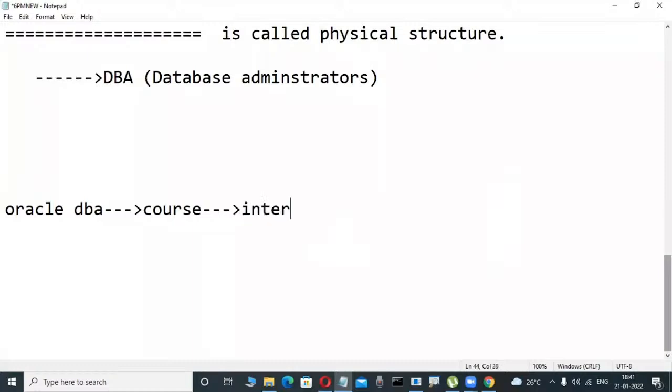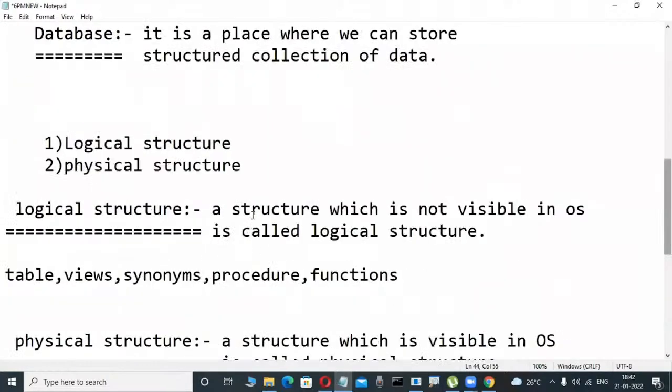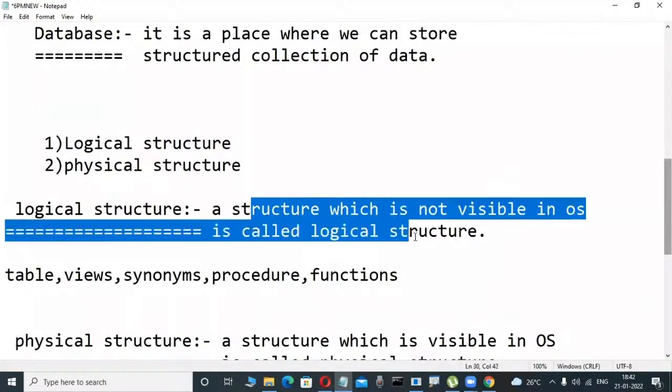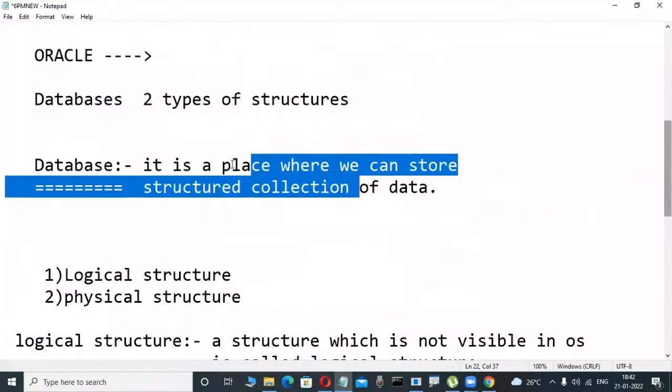Observe here, the interview. Roughly, the interviewer asks, what is a database? Whenever they ask what is a database, I say, oh, it is bookish knowledge: a structured collection of interrelated data, it is a place that stores a structured collection of data.